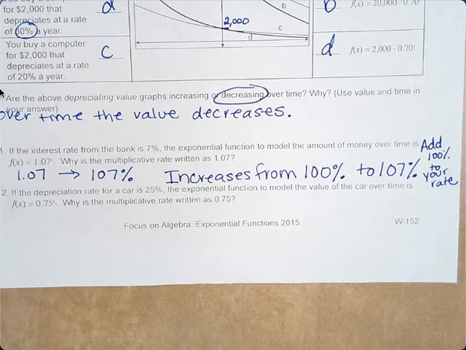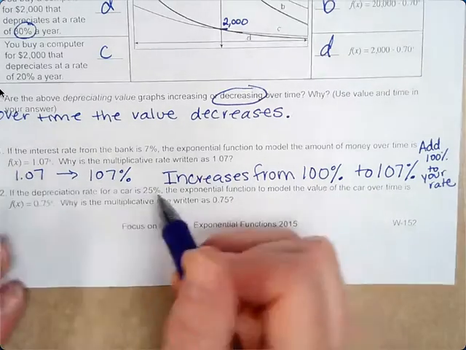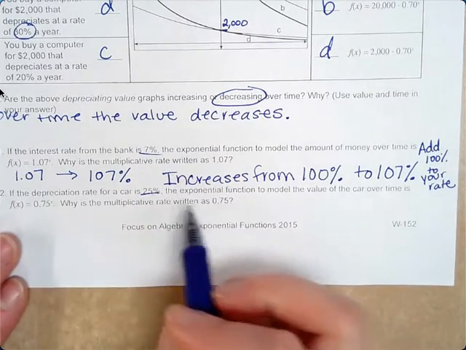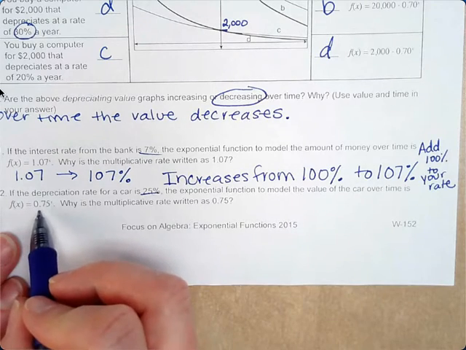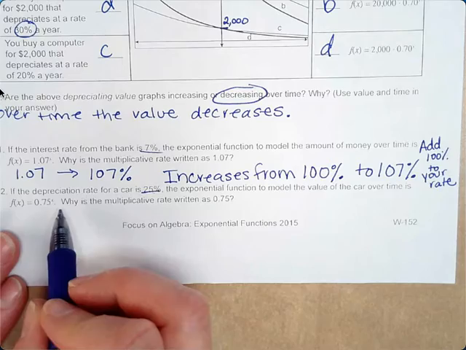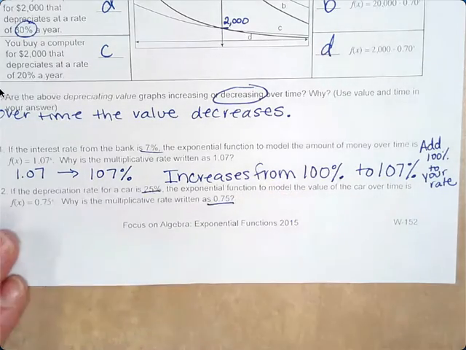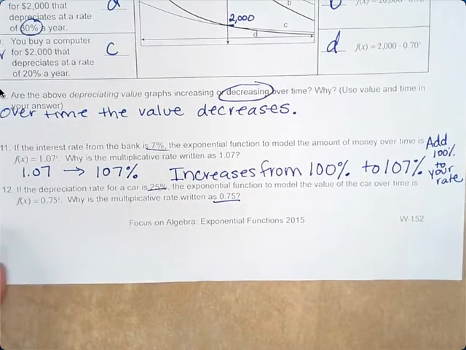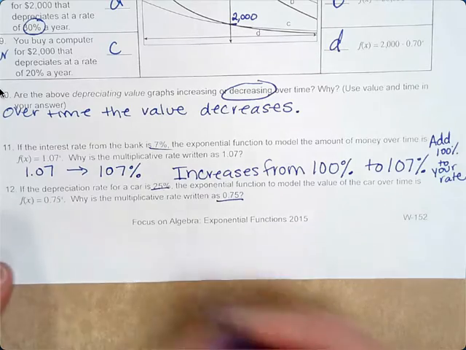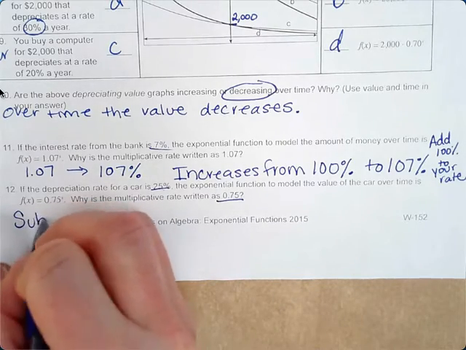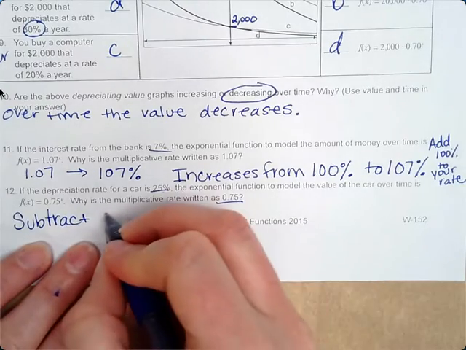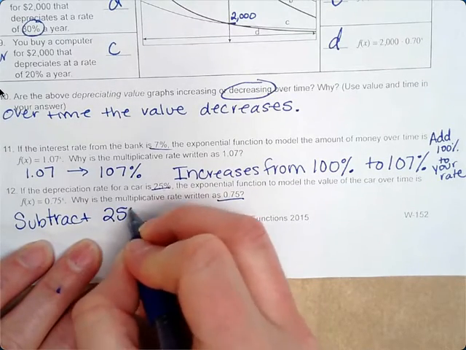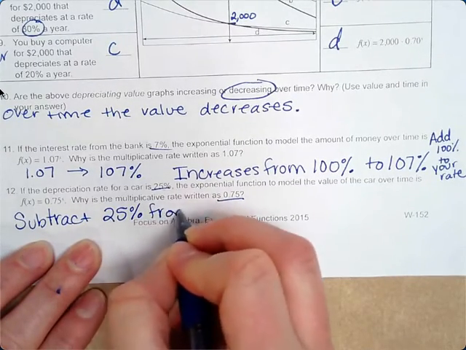Okay, number 12, if the depreciation rate for a car is 25%, the exponential function to model the value of the car over time is 0.75 raised to the x. Why is the multiplicative rate 0.75? Subtract 25% from 100%.